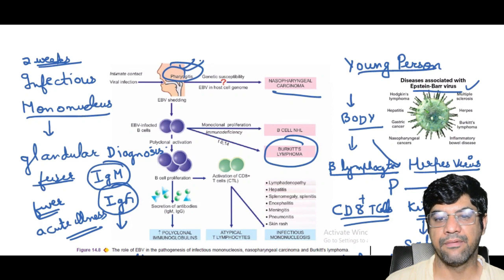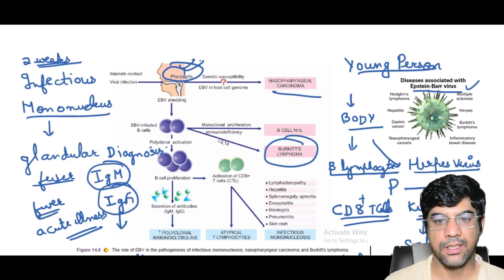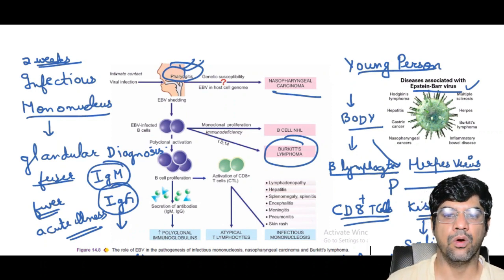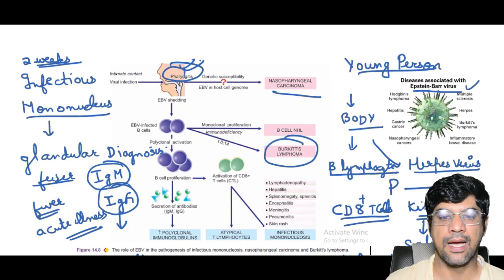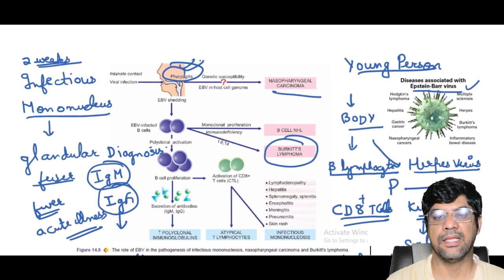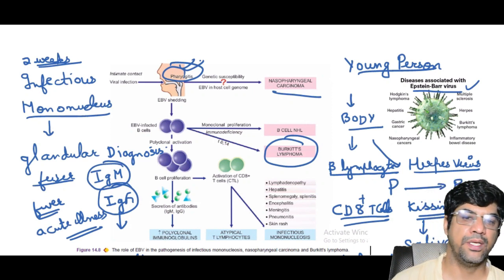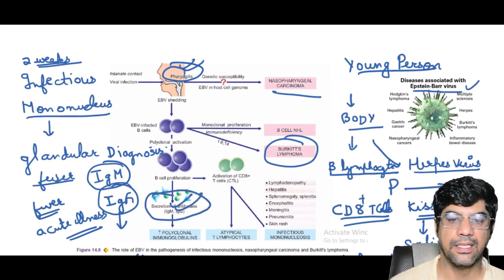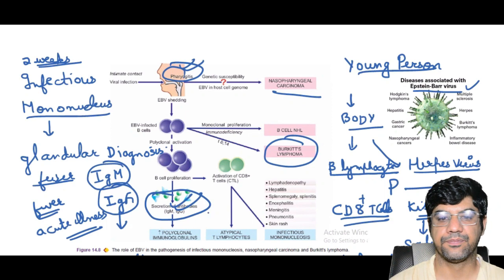The Epstein-Barr virus enters and infects B cells in the lymphoid tissue. Infected B cells undergo polyclonal activation, which leads to proliferation of B cells, resulting in secretion of antibodies, IgG and IgM, and activation of CD8 lymphocytes.